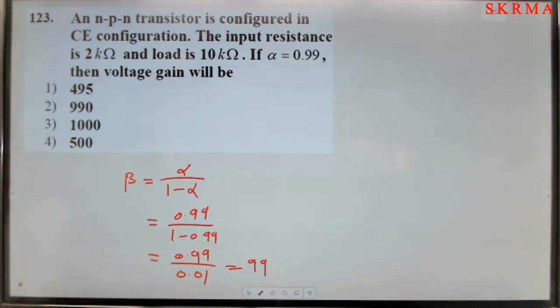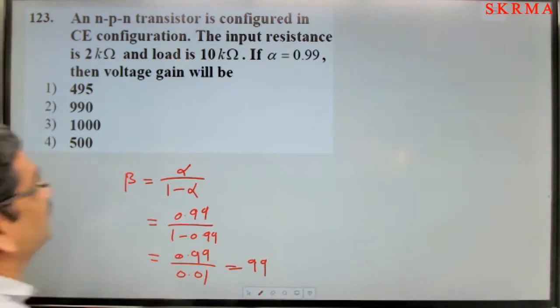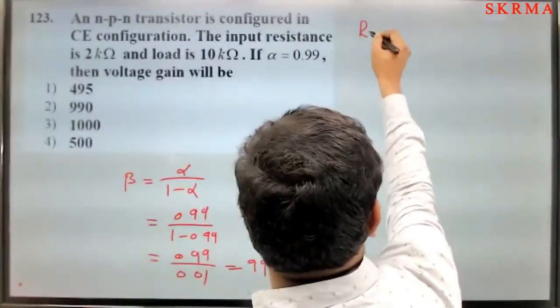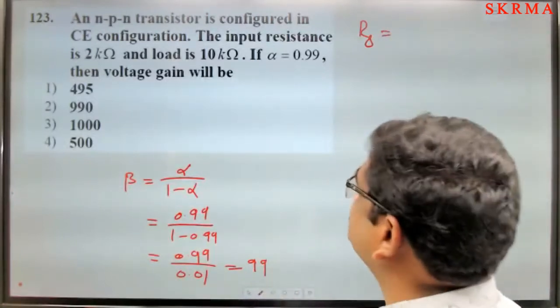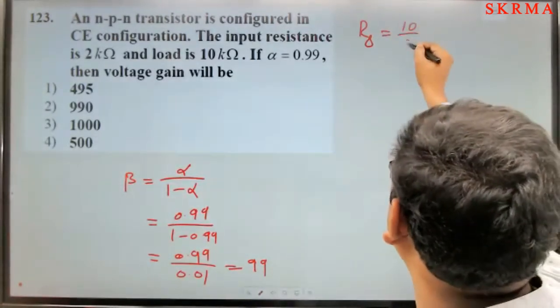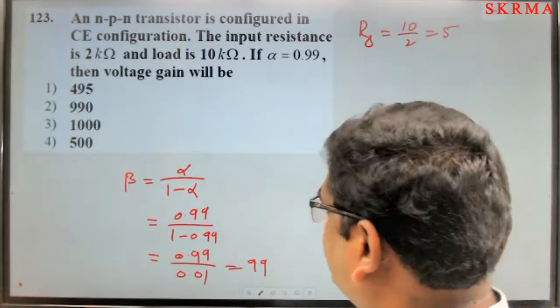Voltage gain. Resistance gain equals output resistance by input resistance, 10 by 2, that equals 5.